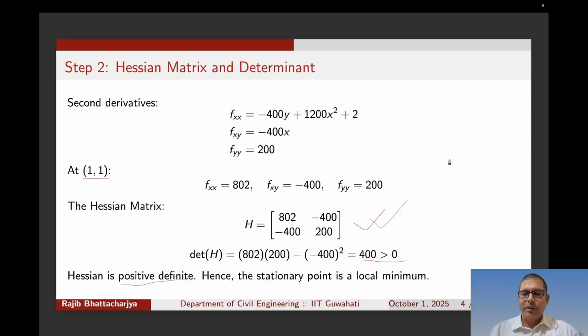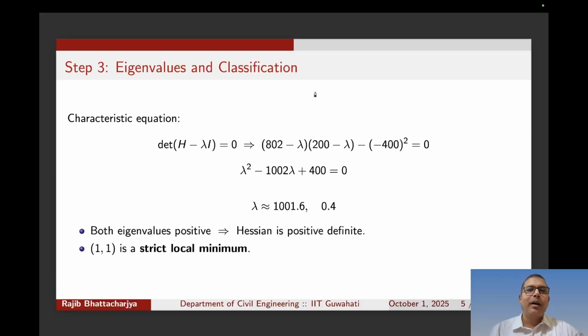Apart from that, I can also calculate the eigenvalues of the matrix, using the equation determinant of (H minus lambda I) equal to 0, where lambda is the eigenvalue. So what you will get is (802 minus lambda) times (200 minus lambda) minus 400 whole squared.